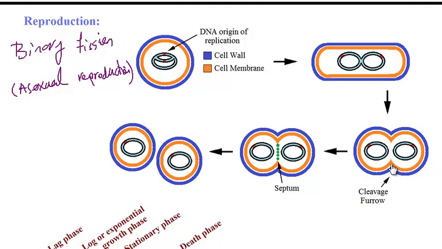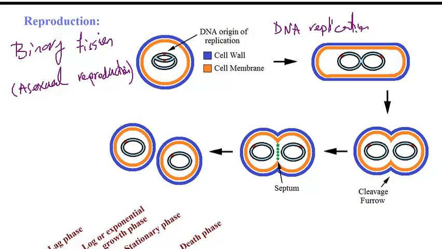Basically during this process, two identical copies of the circular chromosome or circular DNA have to be made, after which the cell will enlarge and divide in half to form two new daughter cells. So in the first phase there will have to be DNA replication. So here you can see that there is DNA replication.